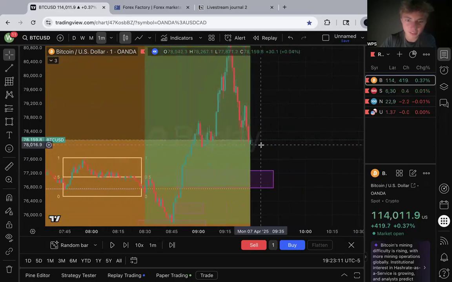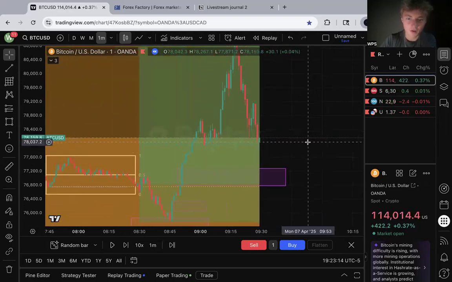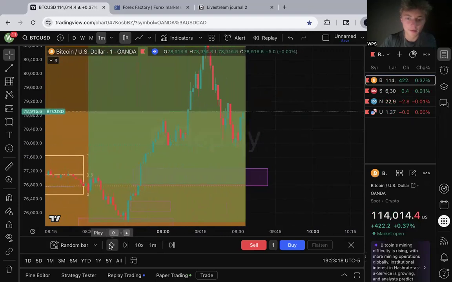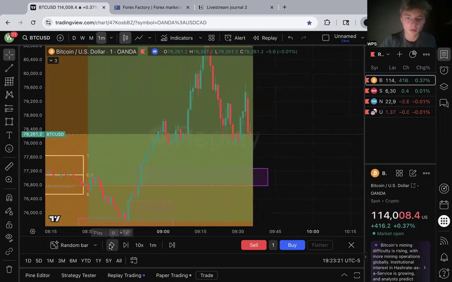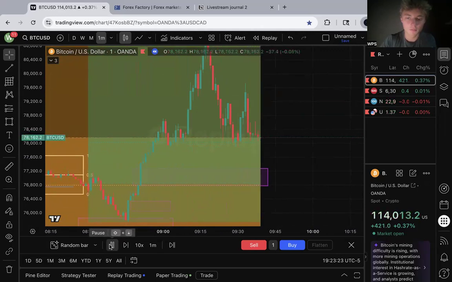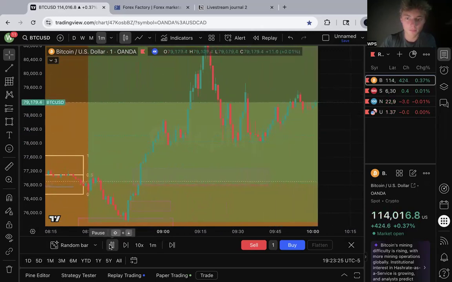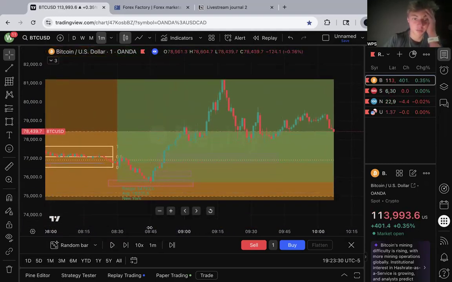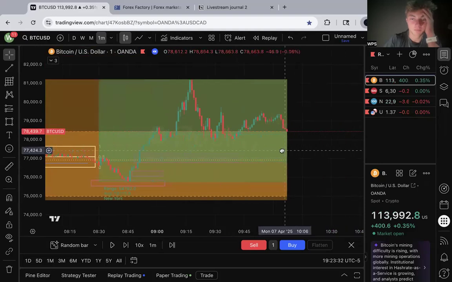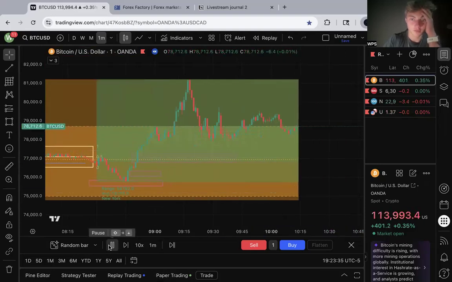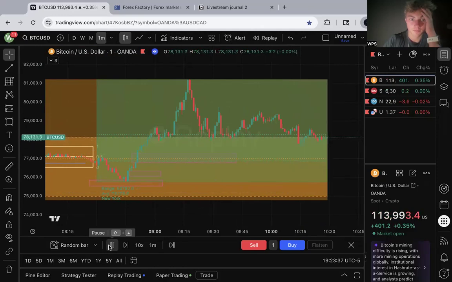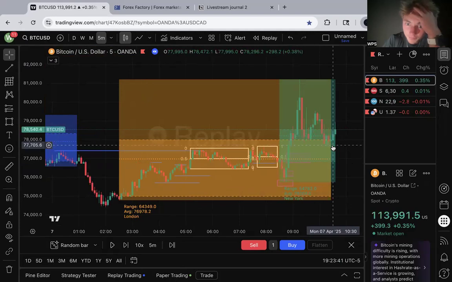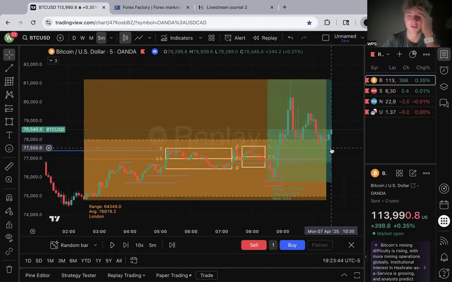We're seeing a retracement into, okay, so we're seeing a little bit of a consolidation. Price just ripped up. Still looking for that retracement. We do see price cut into this fair value gap right here.